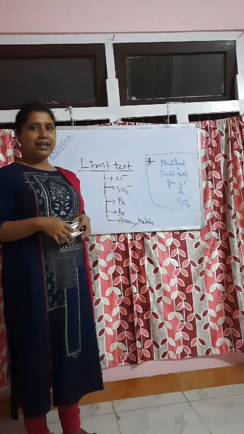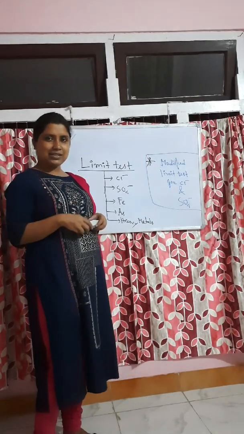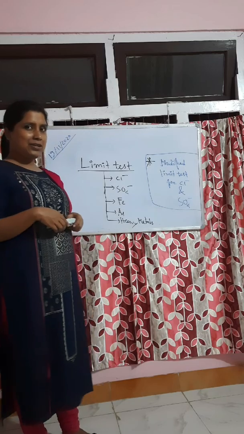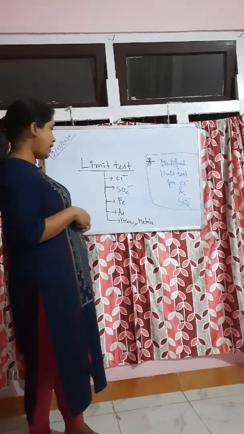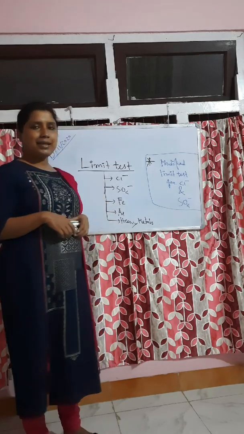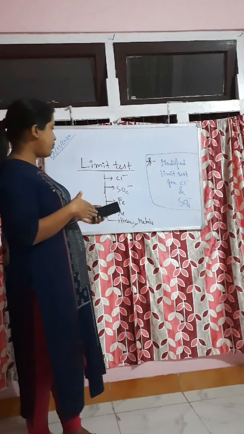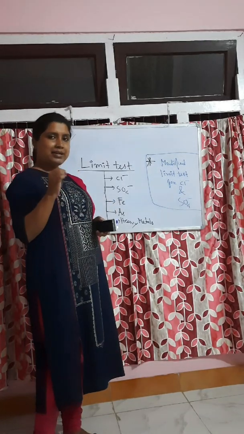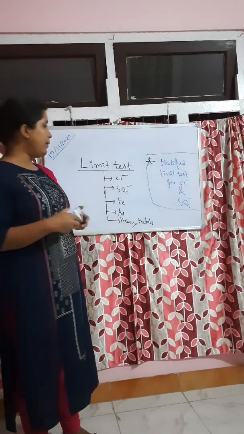For iron, there is another reaction. It reacts with thioglycolic acid and forms iron thioglycolate. In this case, it will produce a purple color. By comparing the purple color of the test solution with standard, we can determine whether it is pass or fail.